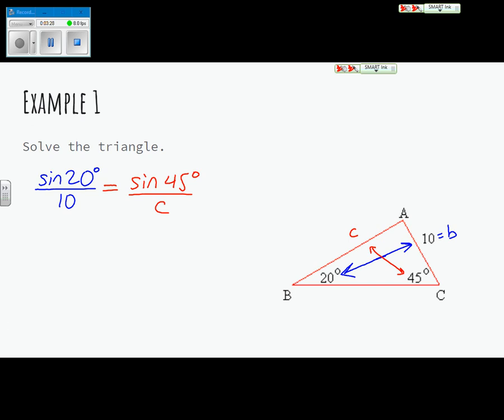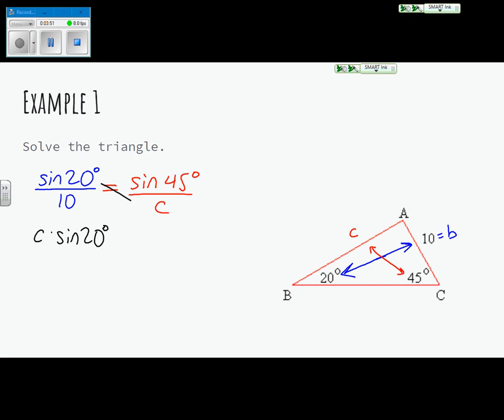Now, this is where a lot of you will say, oh, sweet, I can cross multiply. Oh, no? If there was such thing as cross multiply, yeah, I guess it would work. I could do c times that sine of 20 degrees, and then I could cross it the other way.